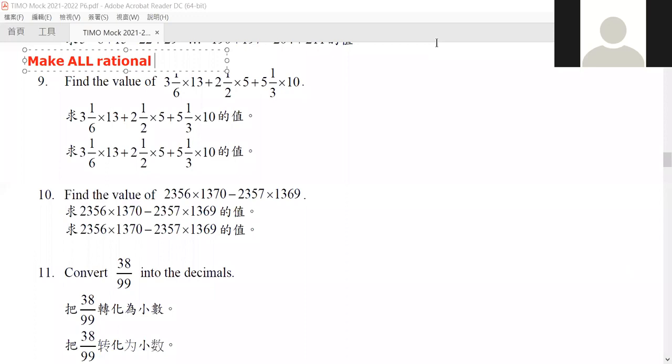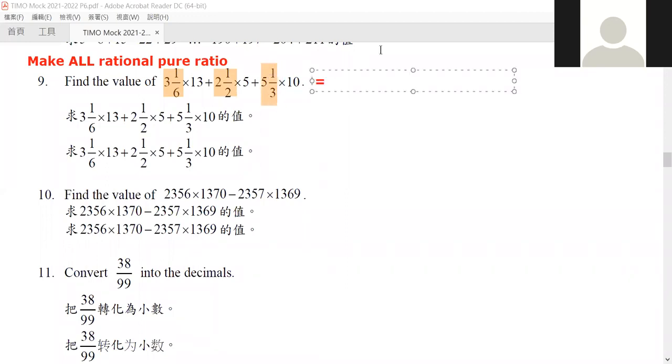Make all rationals a pure ratio. Now, what does that mean? It means that we need to convert them. Instead of having all these numbers that carry an integer, we want to transform them into a pure ratio. So the first term, 3 and 1/6, can be rewritten as 19/6.